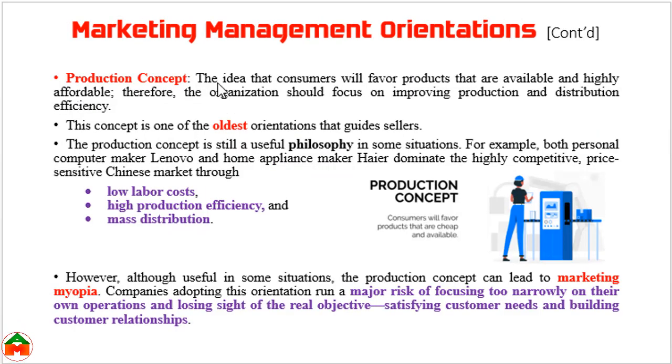Production concept. Under this production concept, we believe that consumers will favor products that are available and highly affordable. Therefore, the organization should focus on improving production and distribution efficiency. That means under this idea, the company is going to focus on production issues.